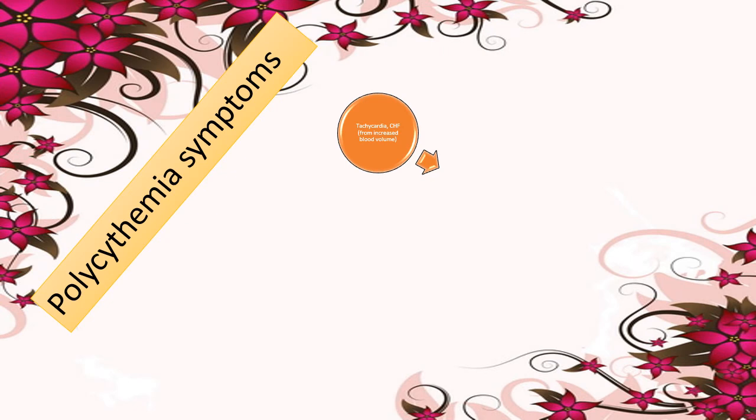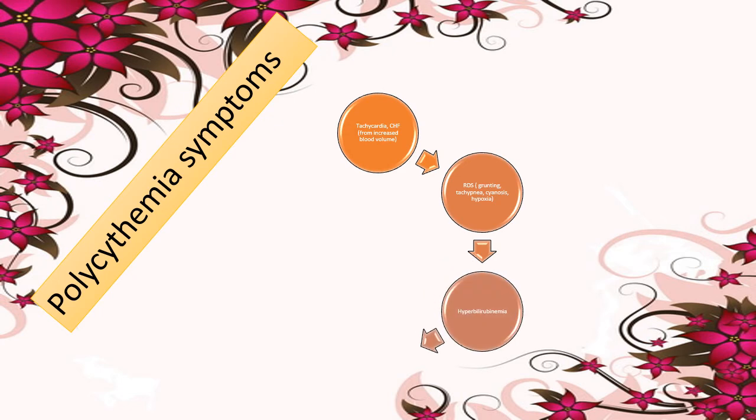So let's look at some of the polycythemia symptoms again. We talked about tachycardia, CHF from increased blood volume. RDS, such as grunting, tachypnea, cyanosis, and hypoxia. Hyperbilirubinemia.